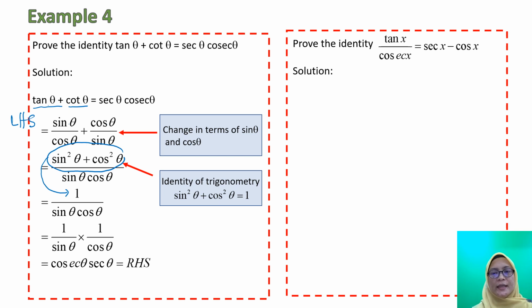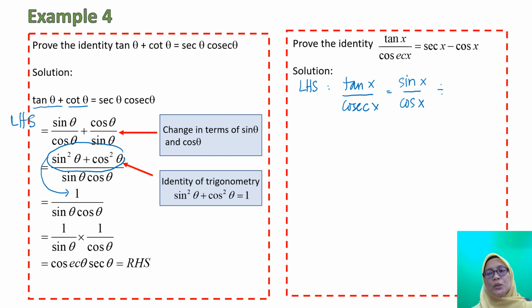Okay, so kita try prove the identity for this trigo. Okay, so kita ada left hand side. So tangent x over cosecant x. So idea dia tukar semua dalam form sin dengan cos. Okay, so ini akan jadi tangent is sin x over cos x divided by cosecant is 1 over sin x.